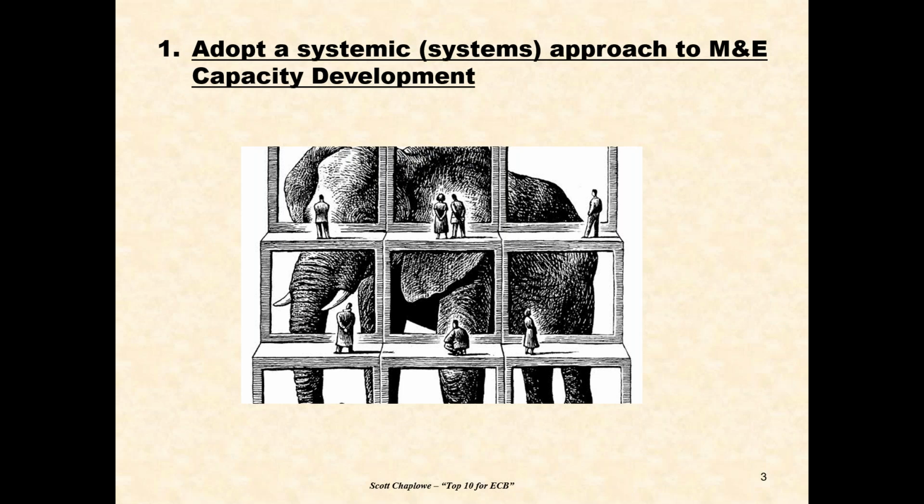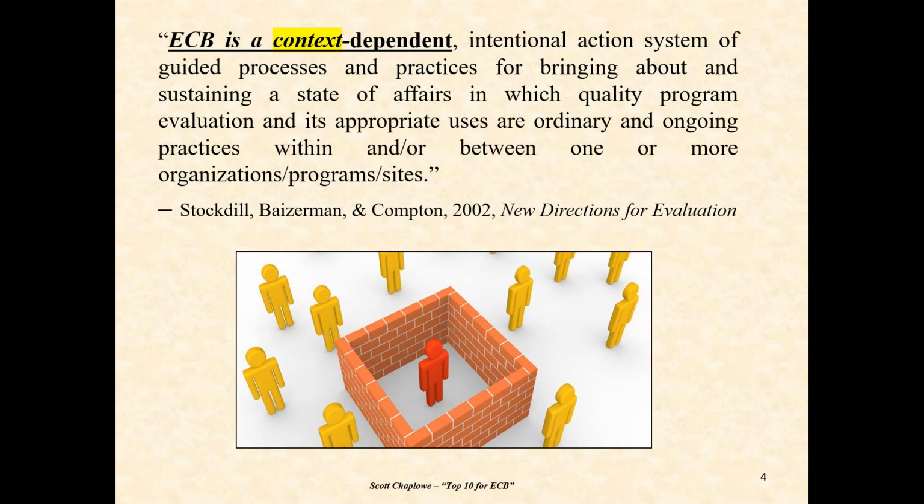It's important to keep that forest in view rather than just zooming in on one tree, particularly if there might be a forest fire or something that can burn down the whole forest. So I think the larger context in which we pursue M&E capacity development is really important. And as a system, it's going to be comprised of different parts.